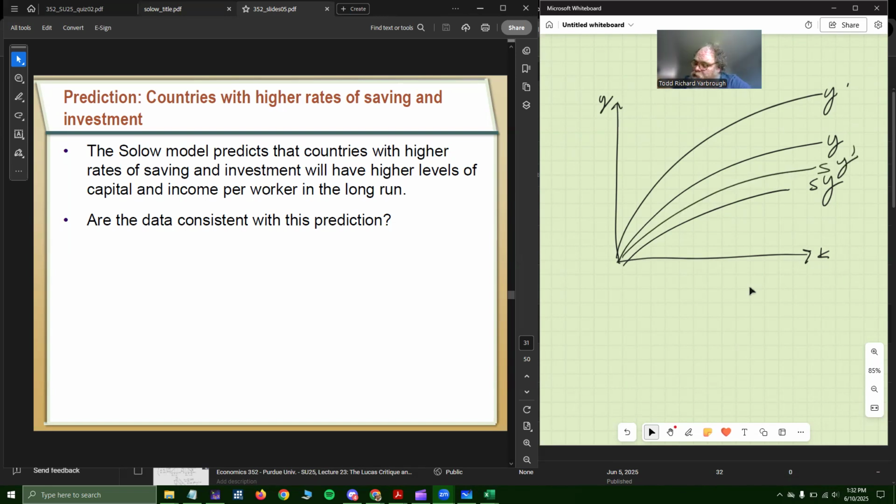And so you can see, for a given level of depreciation and population growth here, that we're going to increase the steady state. So the steady state shifts from here and now moves out to here, right?